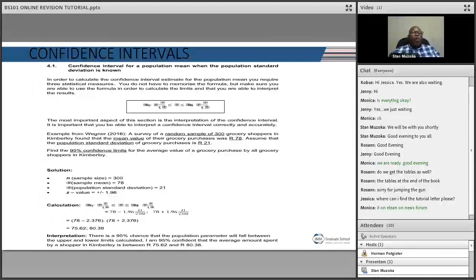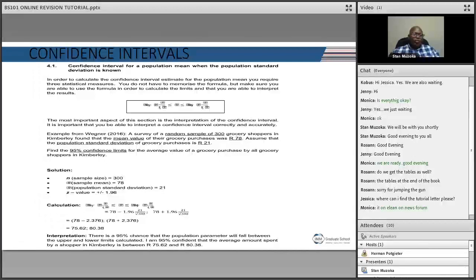And where the population standard deviation is known, we use the formula: sample mean minus z sigma over square root of n is less than or equal to mu, less than or equal to sample mean plus z sigma over square root of n.